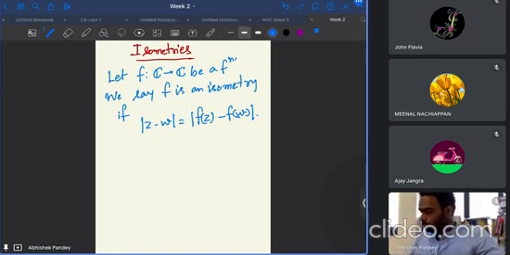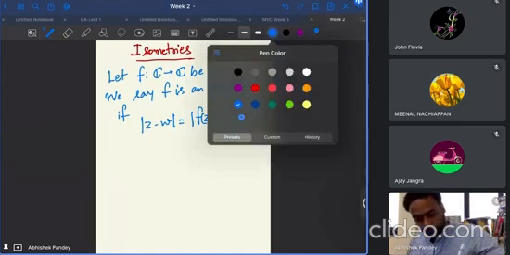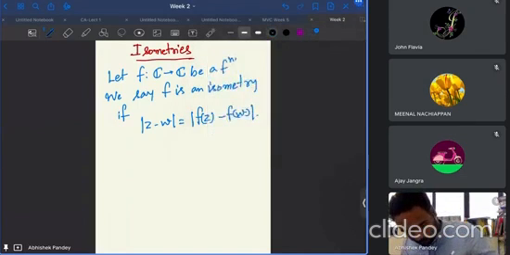Okay. So basically we will prove the following theorem.